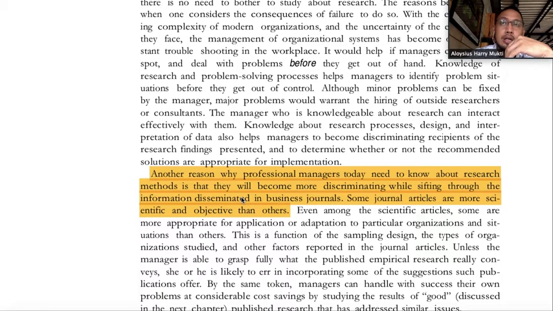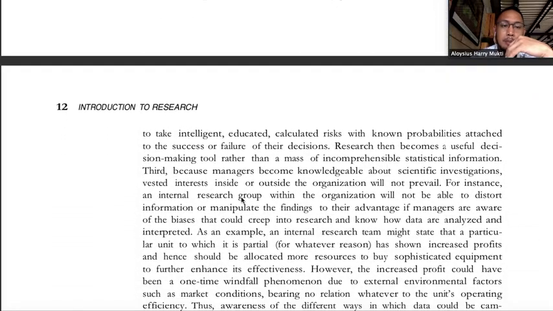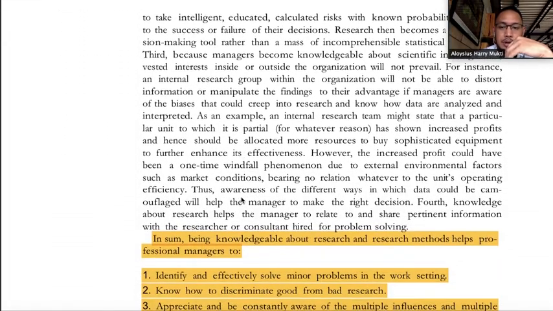Because journal articles are more scientific and more objective than others, who may just offer opinion. So managers rely on research because research is more objective, so decision making can be more objective too.